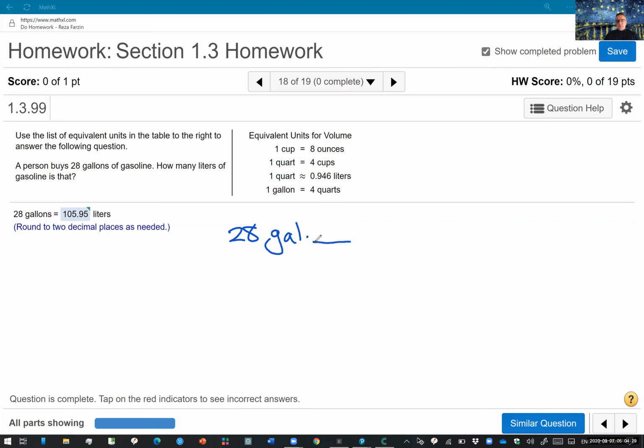Now, we're going to multiply this by, I'm trying to get from gallons to what? Here's the game plan. Gallons to liters. Now, do I have a conversion directly from gallons to liters? No. Okay, so what do you think we're going to do?